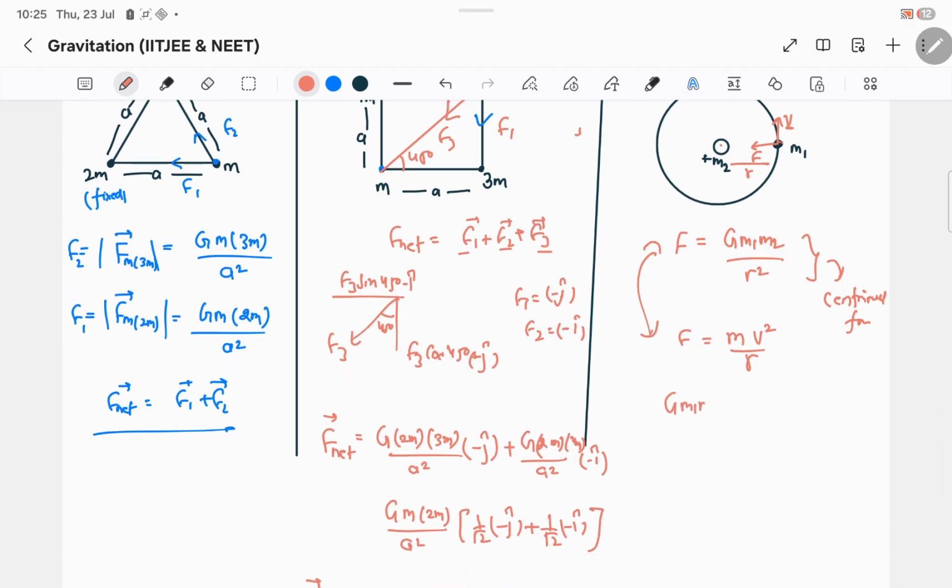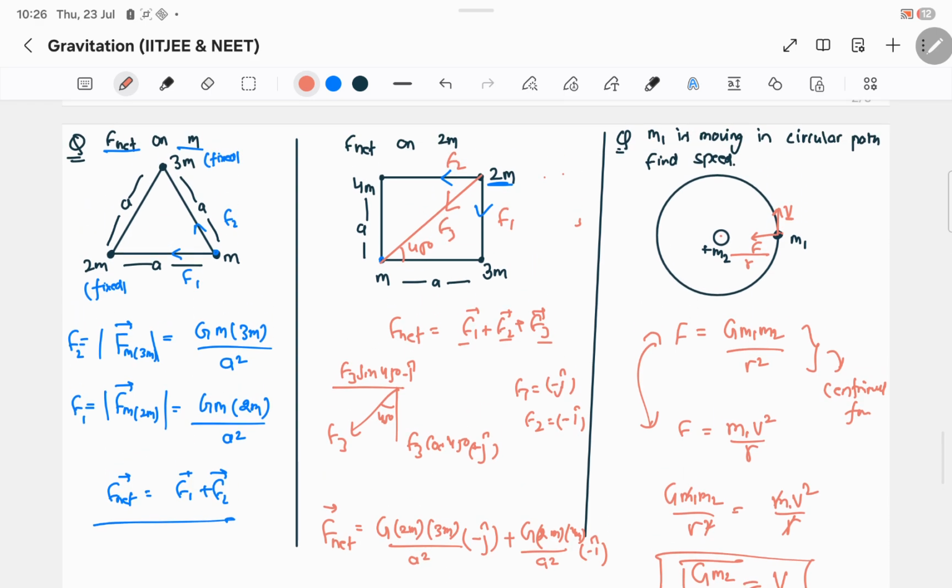So G m1 m2 by r square will be m v square by r. Now one r you can cancel. m1 is moving, so it will be m1 v1. The m will cancel, so the velocity of that moving mass m1 will be root of G m2 by r. You can relate it to the Bohr model.